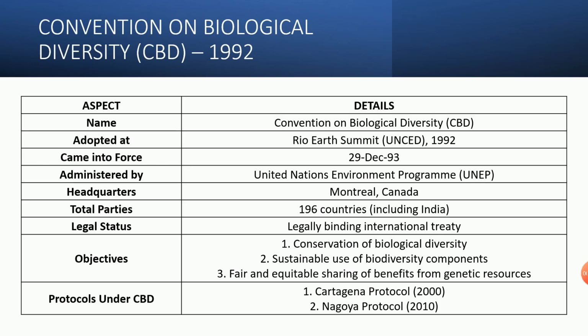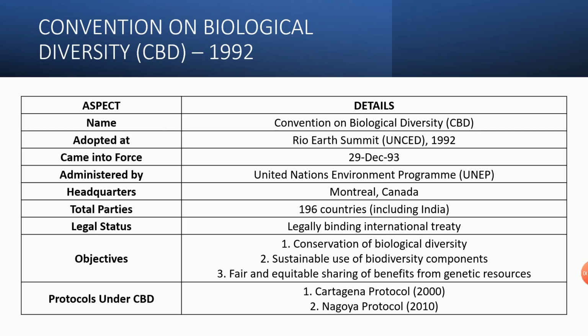Next, Convention on Biological Diversity, CBD 1992. This also took place in the Rio Summit 1992, but it came into force on 29th December 1993. It was administered by the United Nations Environment Program, UNEP.